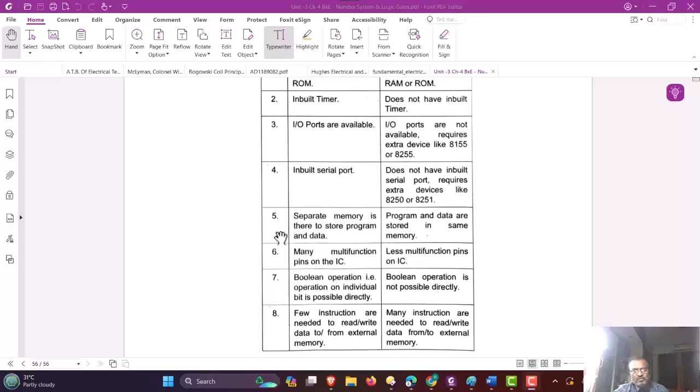Most microcontrollers do not support address bus, data bus and control bus signaling, so most microcontrollers are not expandable, whereas general purpose microprocessor systems are expandable.